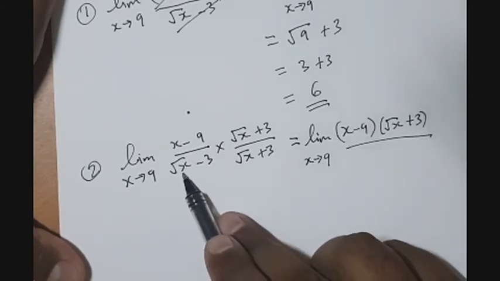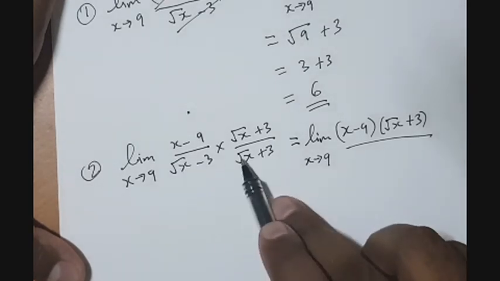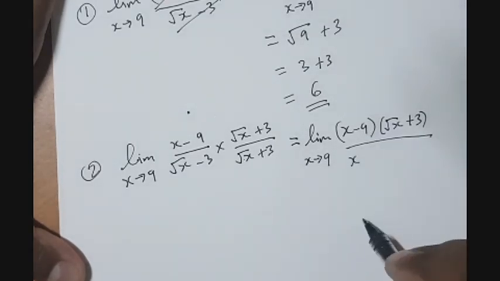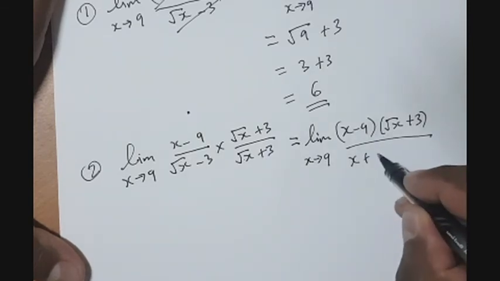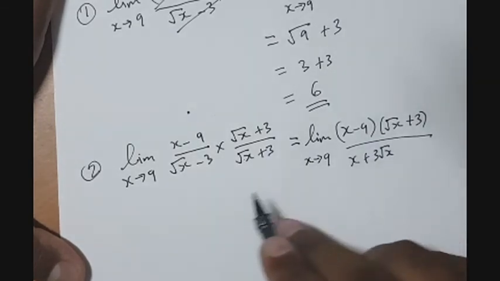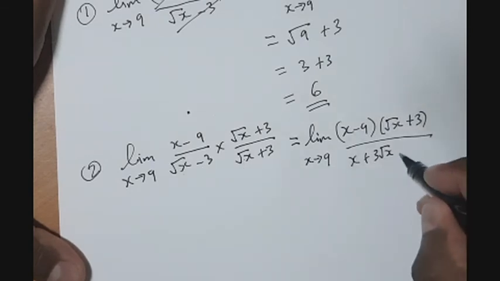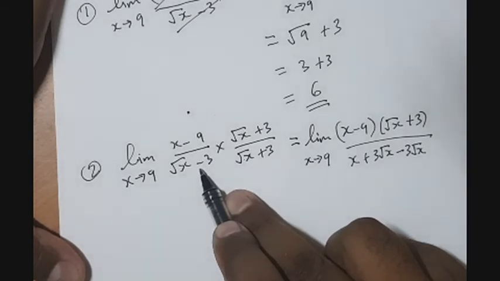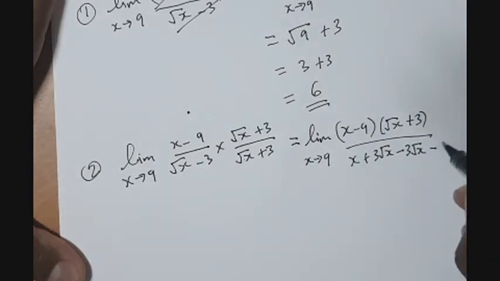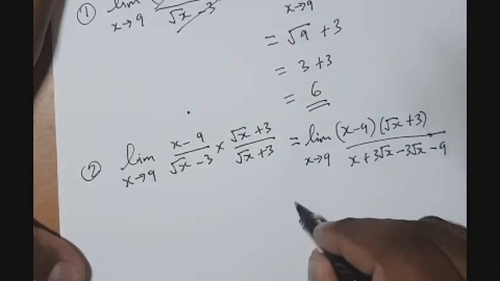Okay, so just expand the denominator. √x times √x will become x. √x times 3 will become 3√x. Negative 3 times √x will become −3√x. Negative 3 times positive 3 will become −9.